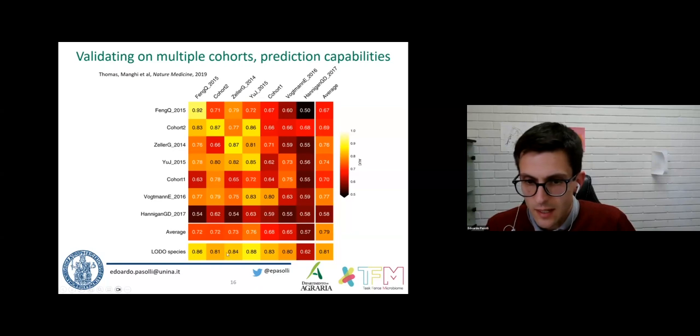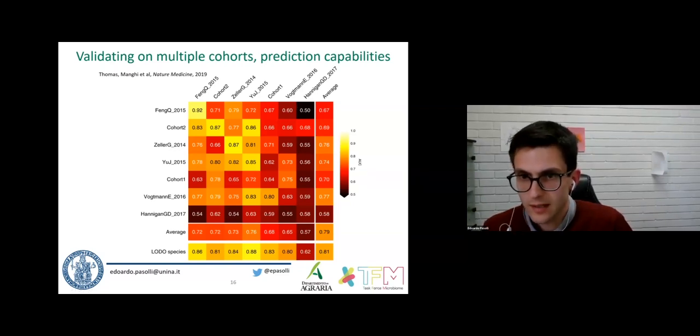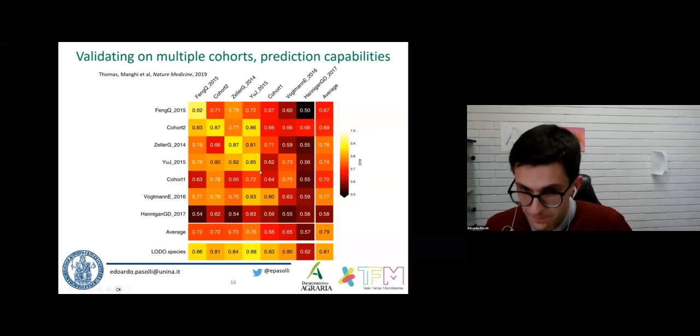In this case, we can see that in general we are reaching very good results that are quite comparable to what we have on the diagonal here. So integrating samples from multiple datasets can actually improve the general accuracy.